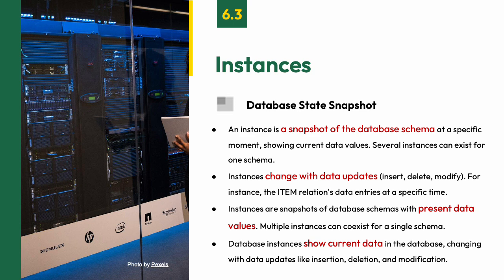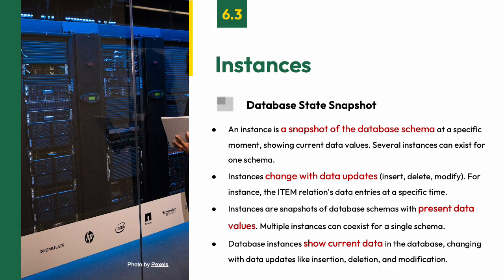At different times, the actual data of the item table may look like the item ID with the value of 1, and the item name apple, with price 1. And the second item ID is 2, name banana with the price of 0.5.